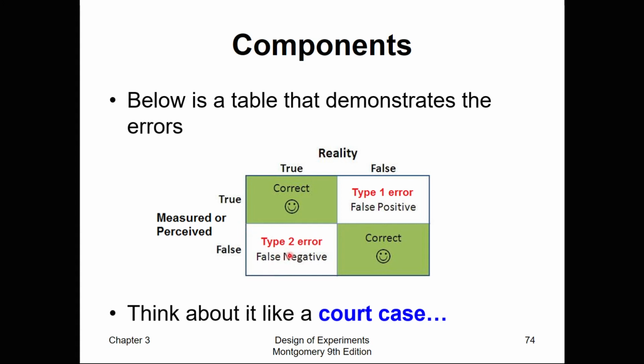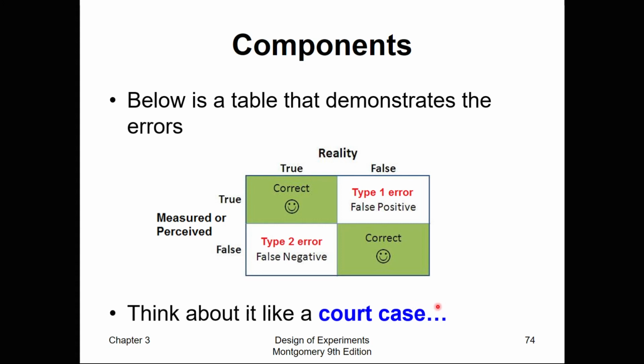And again, guilty people that we set free sounds bad, but in our research scenario, there was a real cool treatment effect going on, and we said that there wasn't anything going on. This can be really annoying when the effect you were trying to study actually was there, but your statistics said it wasn't. That type 2 error can be a pretty sad thing to happen. So both of these are bad things.